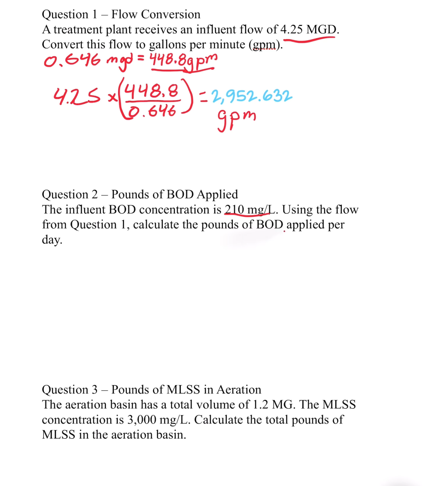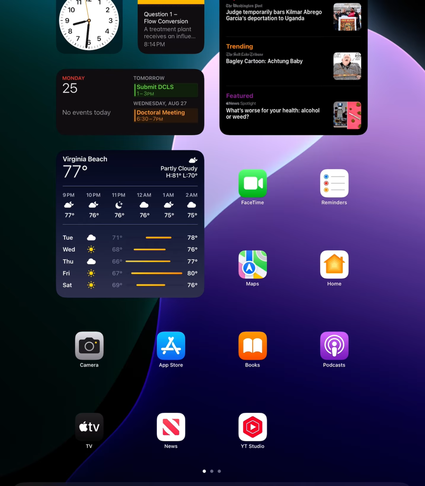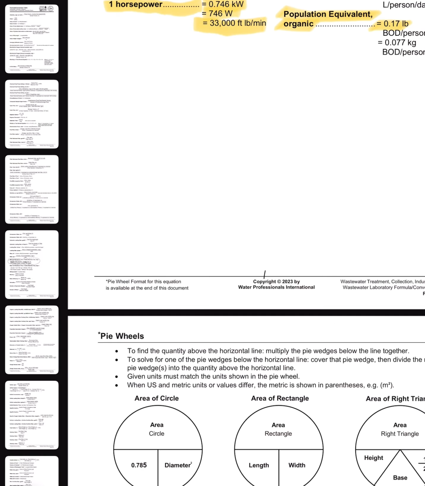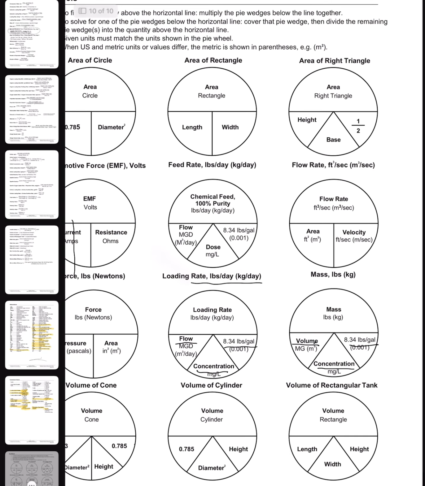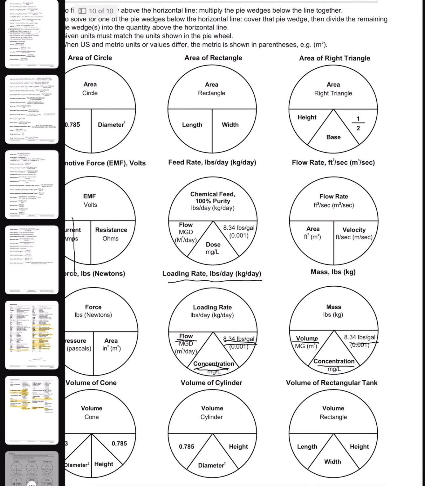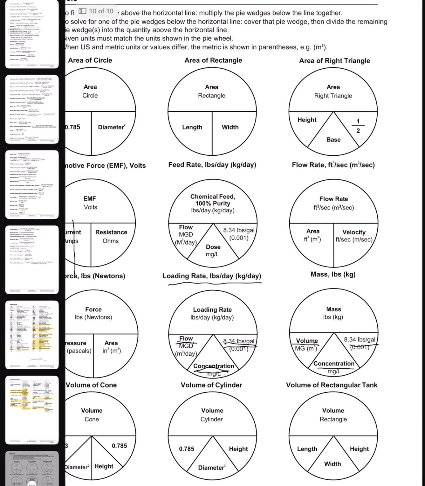We know how to calculate the pounds of BOD per day. So all we have to do is go into our pounds formula, and this is going to be loading rate. So we're going to do flow times concentration times 8.34.